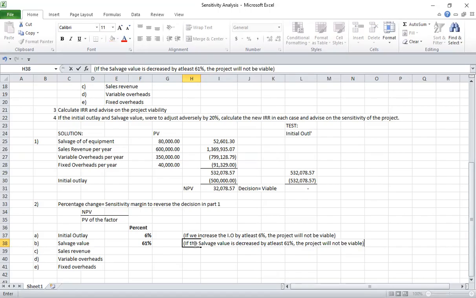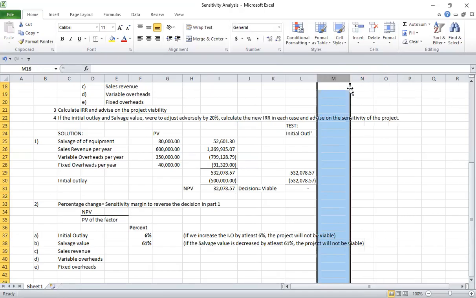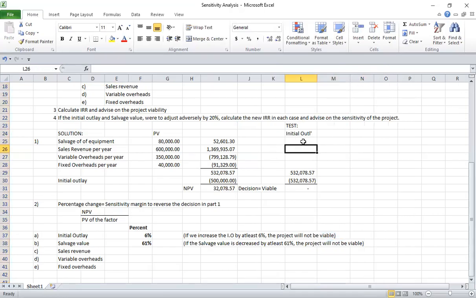And what we can do, gentlemen, is to come back to this testing part. Like we tested for the initial outlay, I now want us to test on the reduction of the salvage value by at least that 61%.